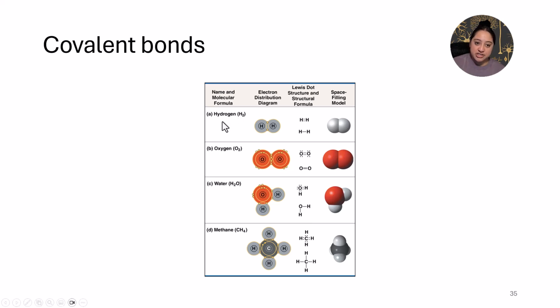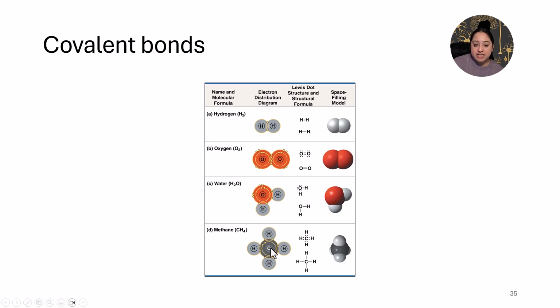So hydrogen is always going to be hanging out with another hydrogen. So it's going to be H2. Two hydrogens interacting, completing their valence shells. Oxygens are always going to hang out in twos, completing each other's valence shells. Water, H2O: there's two H's, two hydrogens, and then an O for oxygen.